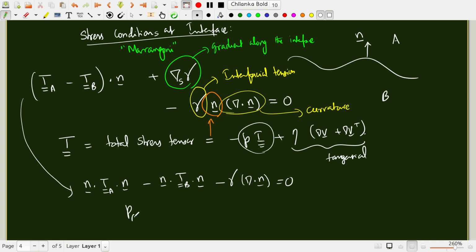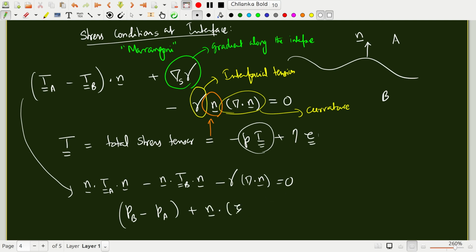So you'll get P_B minus P_A, plus, I'll call the shear stress tau. The shear stress will also have a normal component, so you'll have to write n dot (tau_A minus tau_B) dot n, minus gamma del dot n is 0. These are terms of the form dv by dy and so on.